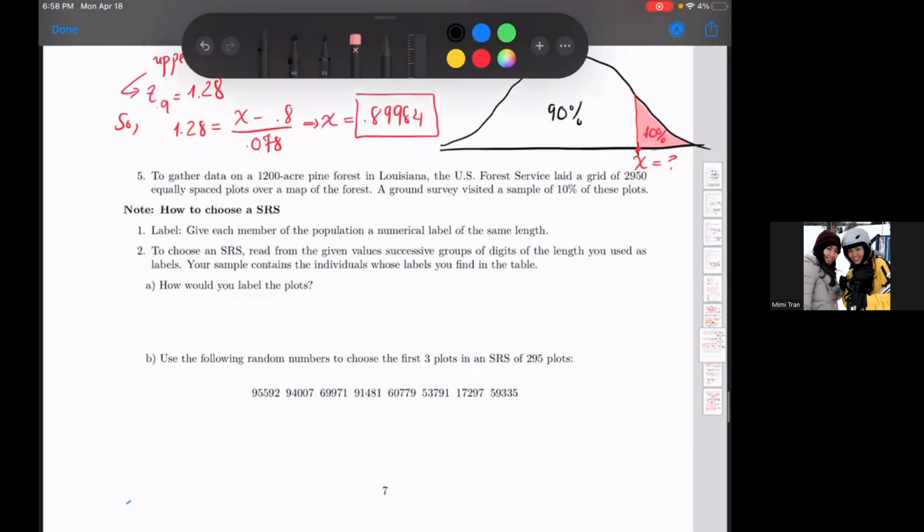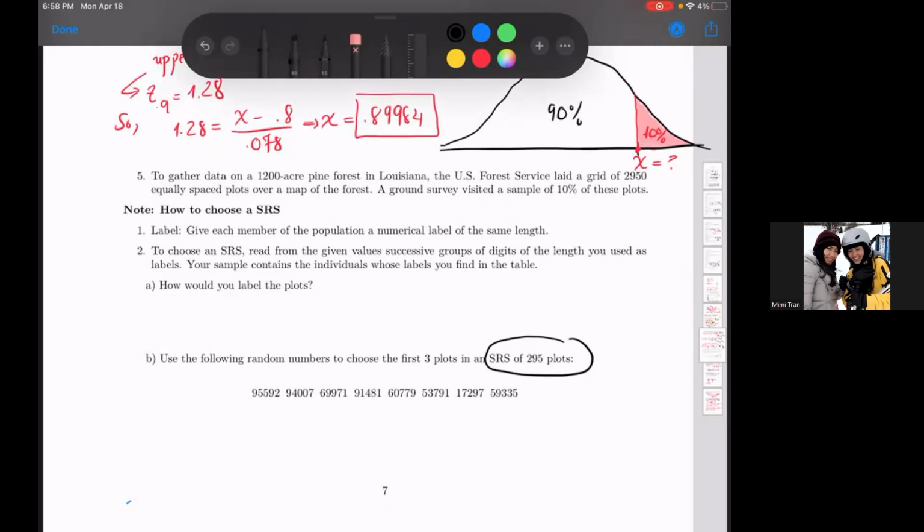Next, they're going to choose a simple random sample. Use the following random numbers to choose the first three plots in a simple random sample of 295 plots.